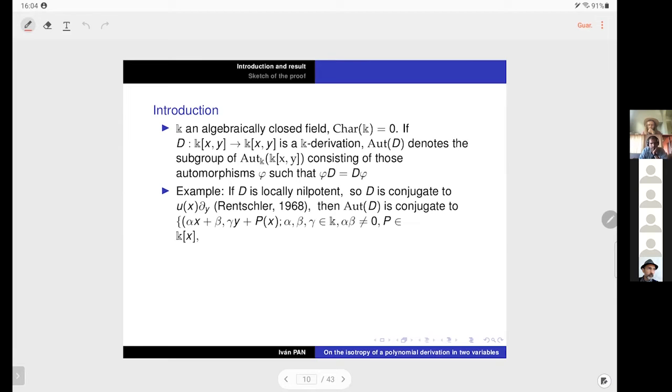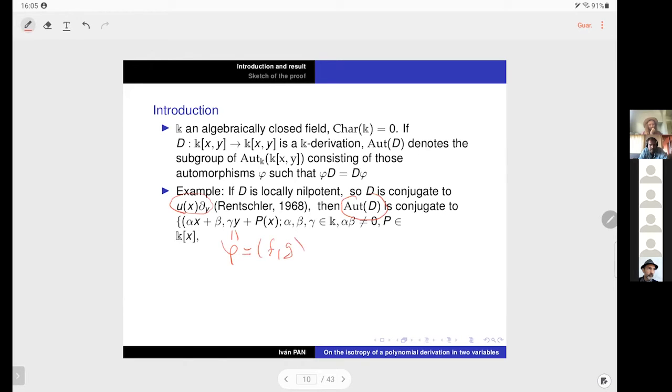Since in this case the derivation is conjugated to a derivation of this form, by a straightforward calculation we may verify that the isotropy is conjugate to a group of this form, where I write automorphisms as a pair of polynomials (f, g).